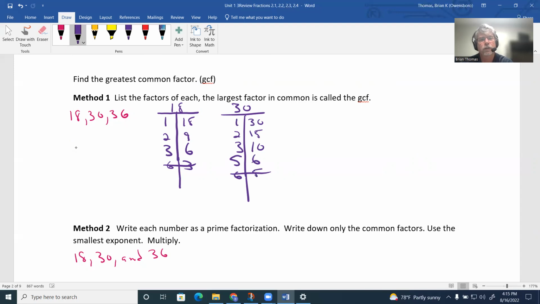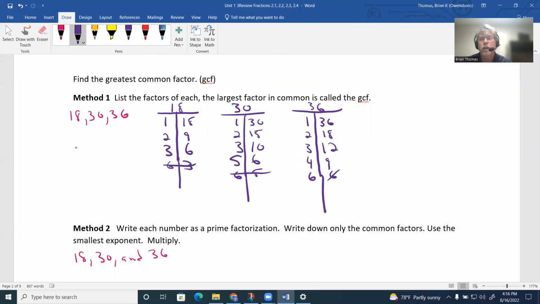So those are my factors of 30. My factors of 36 would be 1 and 36, 2 and 18, 3 and 12, yep, 3 times 12 is 36, 4 and 9, 5's not going to work, 6 and 6. So 6 is repeating, so those are my different factors of 36.